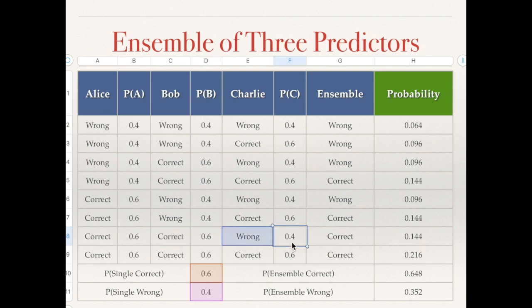But the ensemble will tolerate the wrong prediction by Charlie in this case and arrive at a correct prediction. The probability of such a situation happening is 0.6 times 0.6 times 0.4, which is about 14%.